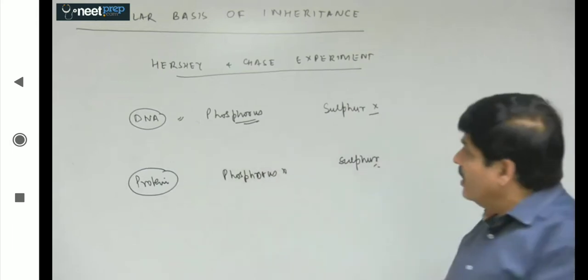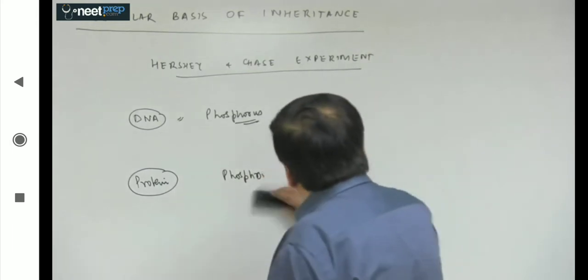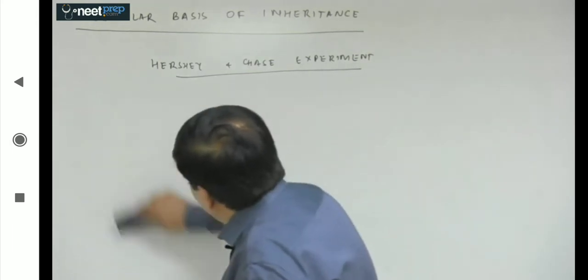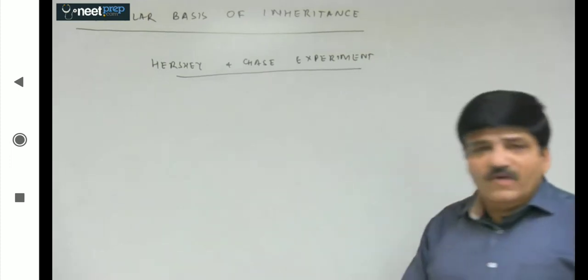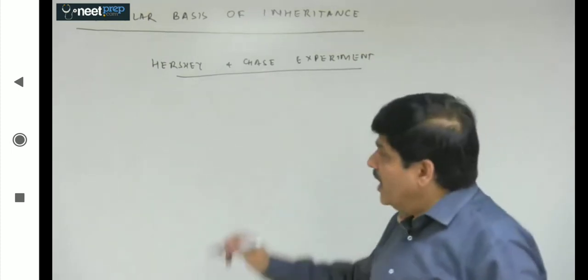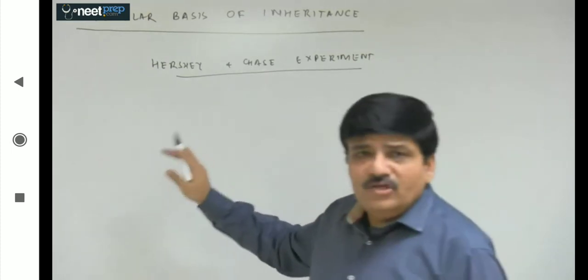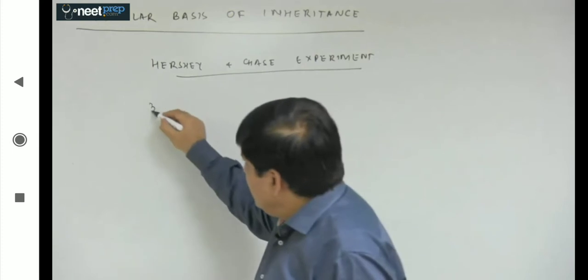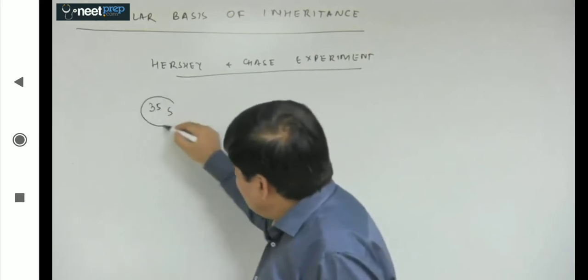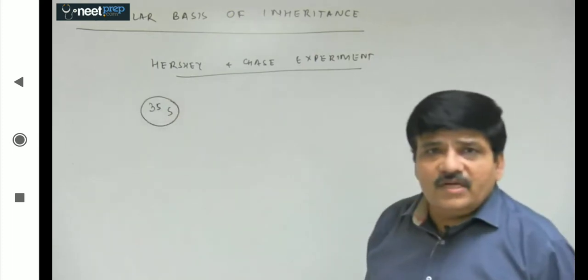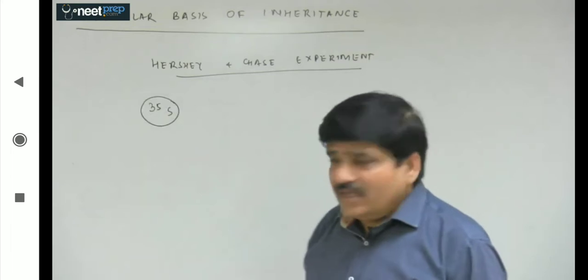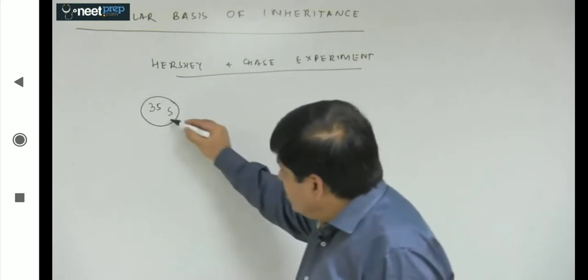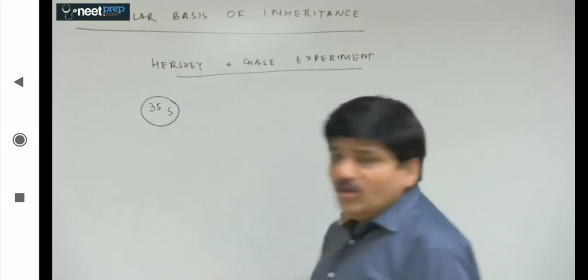Now what they did was grow a colony of the bacteriophage in an environment that was providing the radioactive isotope of sulfur, that is, they grew them in 35S. This was the radioactive isotope used by them. As expected, this will tag the protein and not the nucleic acid.